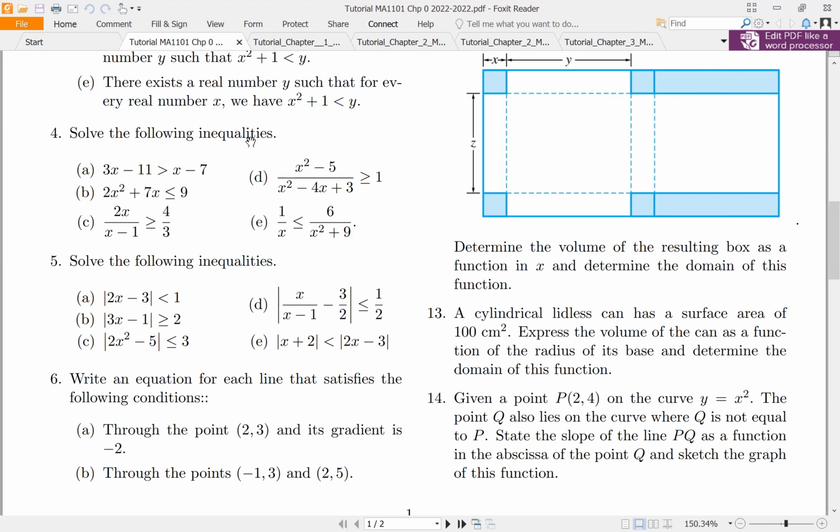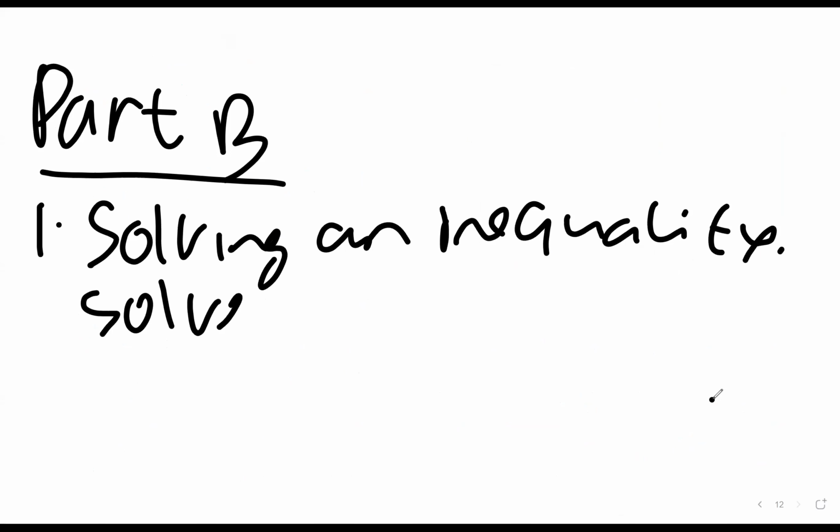Okay, so the difference between part B and part C here, for example. The question is: solve the inequality.